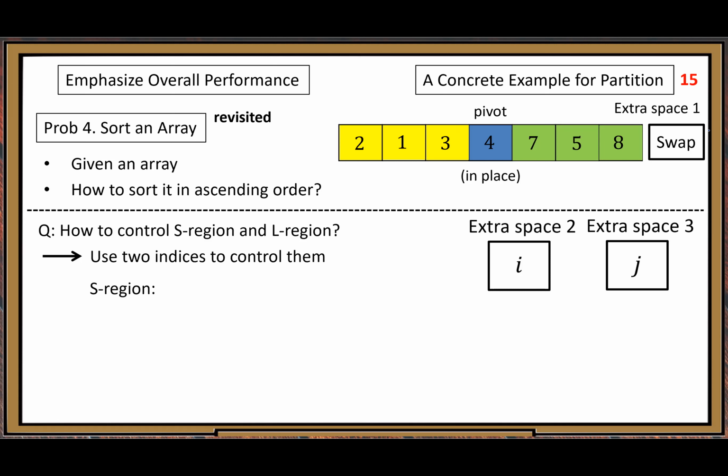For the S region, we use the original array locations with indices from 0 through I. For the L region, we use the locations in the original array from index I+1 through J. When we grow the S region, we just increment the I value.